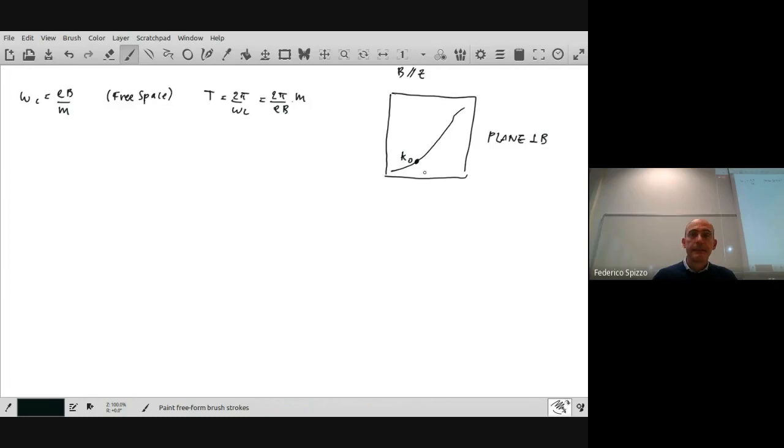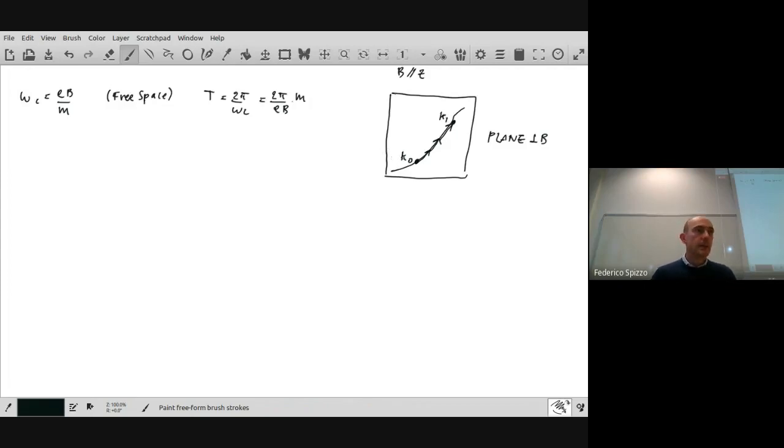So k0 is there. And what I expect is that, starting from k0, the equation of motion of the wave vector will take that wave vector along the path, depending on the strength of B and the shape of the surface. So what I expect is that we will have a motion of the wave vector along the trajectory, and at some point we will reach a point k1.